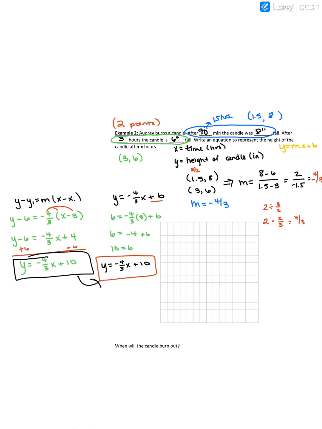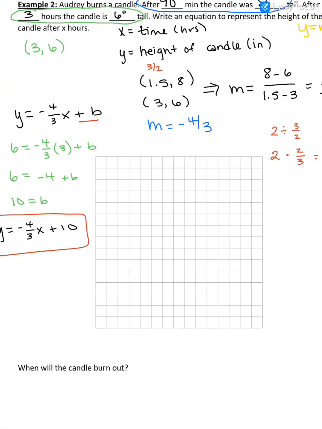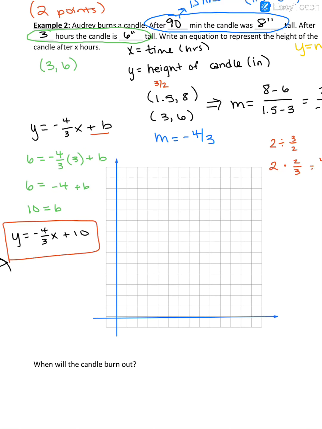So then we're going to go to graphing that equation. So I have my x-axis and my y-axis on my graph. I'm going to label them. I need some scales on my graph.